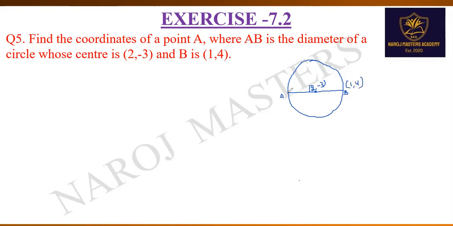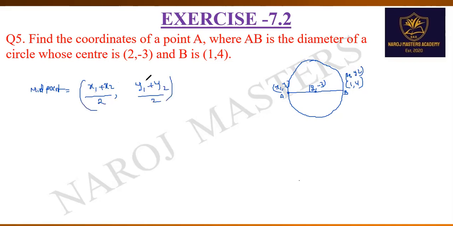Then find A. Basically we know the formula for midpoint: if you take a line segment with endpoints (x1, y1) and (x2, y2), the midpoint formula is ((x1 + x2)/2, (y1 + y2)/2). So that is the midpoint formula.